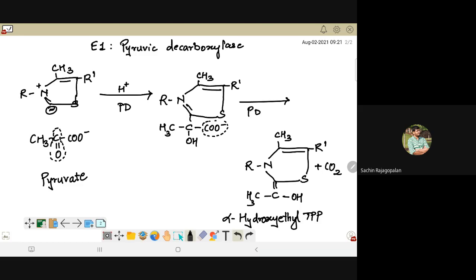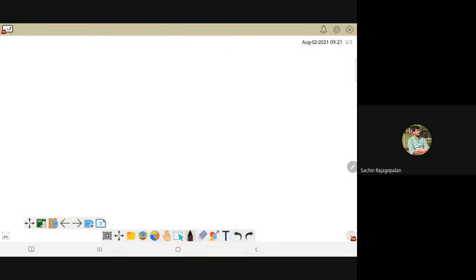So the next reaction, which is catalyzed by E2, is a very important set of reactions. The enzyme involved over here is a transferase enzyme called dihydrolipoyl acetyl transferase.